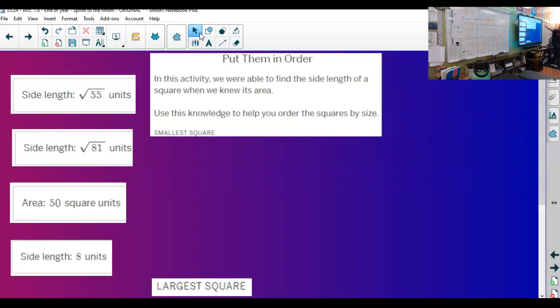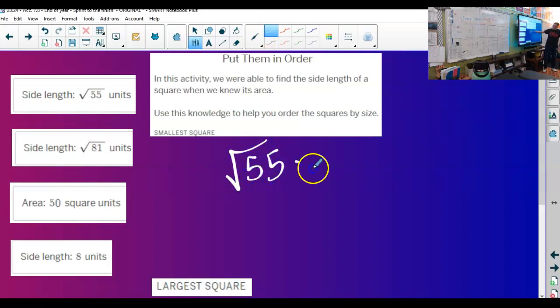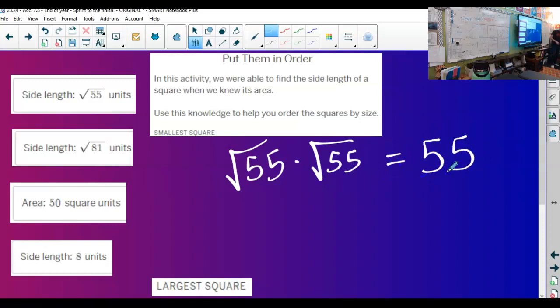Like, what happens when we square the square root of 55? We just take away the square root symbol, because a square root times a square root cancel out. It's like radical 55, that's another way to say square root. Literally that symbol is the radical symbol. Radical 55 times radical 55 is 55.